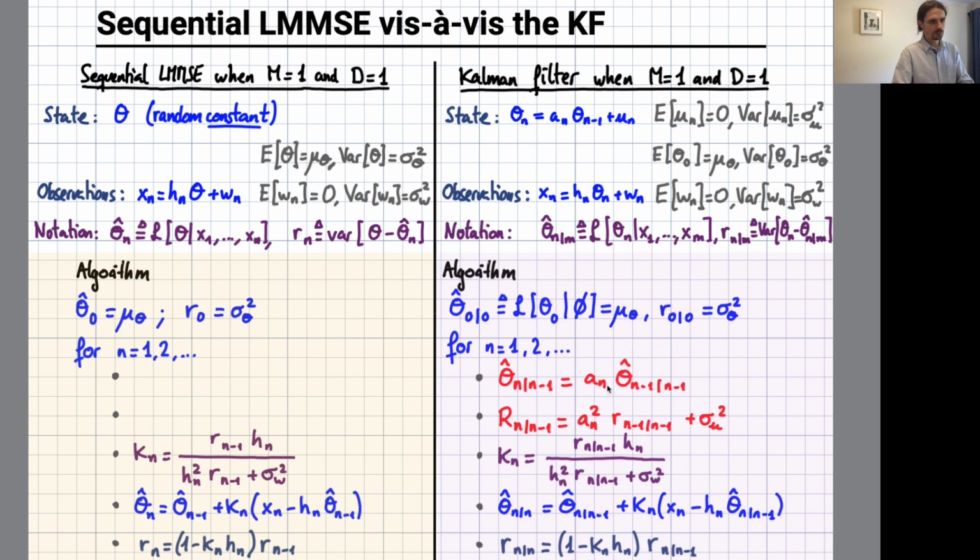And therefore, if we identify theta hat n minus 1 with theta n minus 1 given n minus 1, then we see that both algorithms are exactly the same. So we see that the Kalman filter generalizes LMMSE estimation for dynamic models, right?